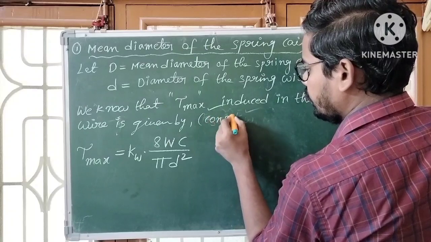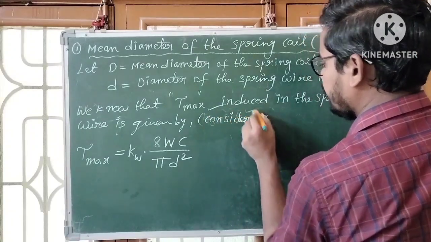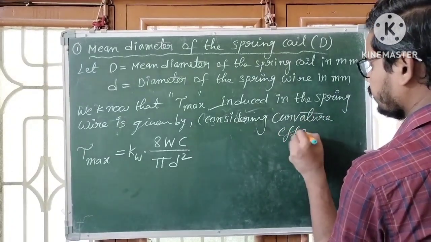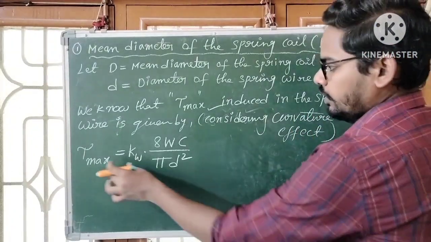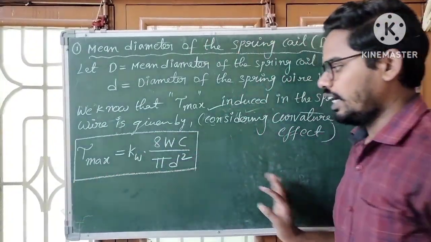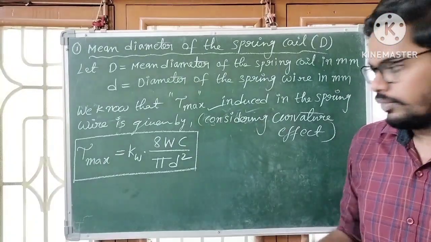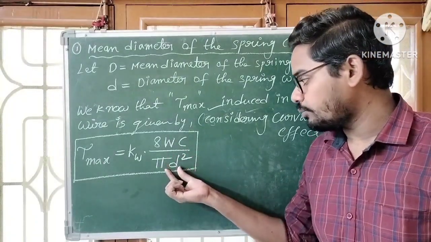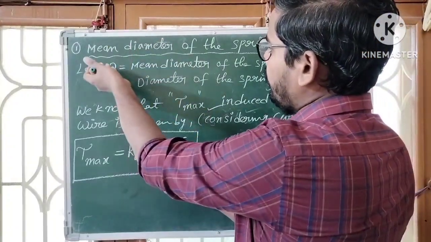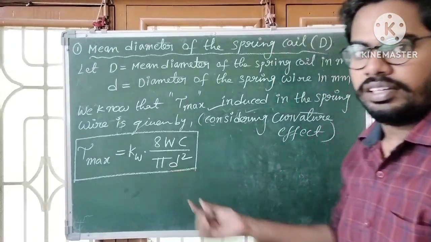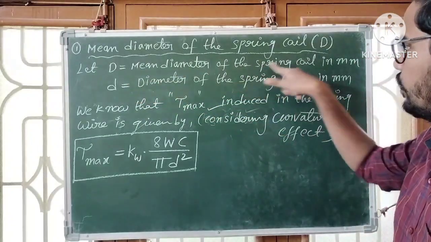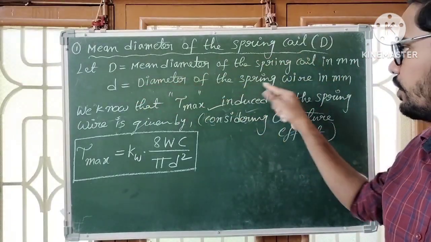So the maximum shear stress tau is equal to Kw into 8WC by pi d square. Using this formula we can find small d, and from small d finally we can find the mean diameter of the spring coil. Here capital D means the mean diameter of the spring coil and small d means the diameter of the spring wire.